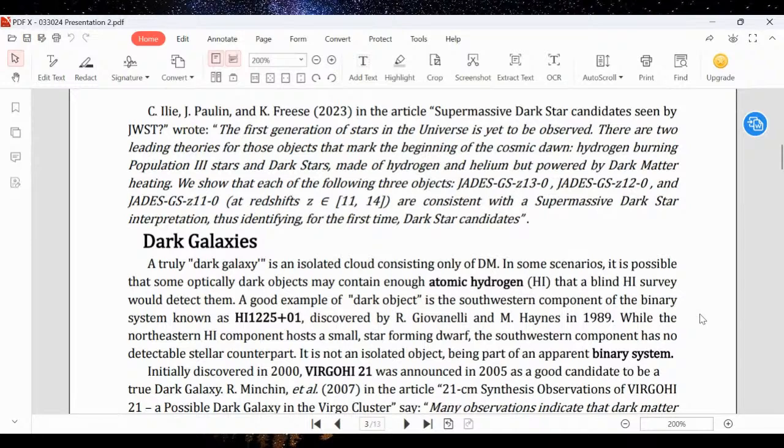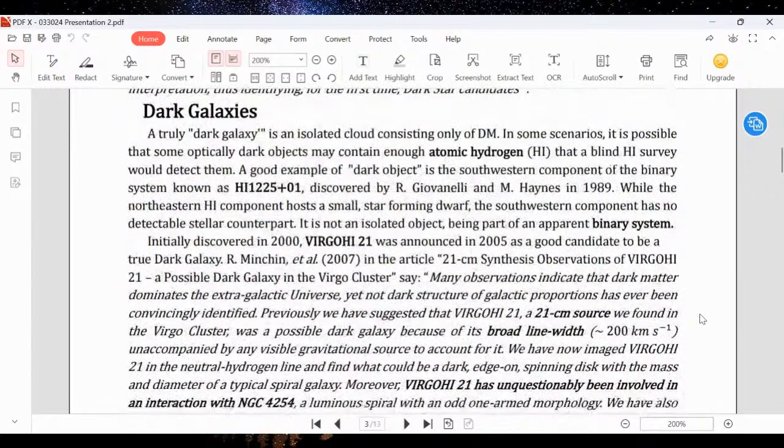We show that each of these following 3 objects, JADES-GS-z13, z12, and z11, are consistent with a supermassive dark star interpretation, thus identifying for the first time dark star candidates.